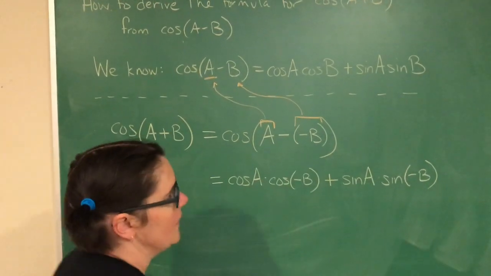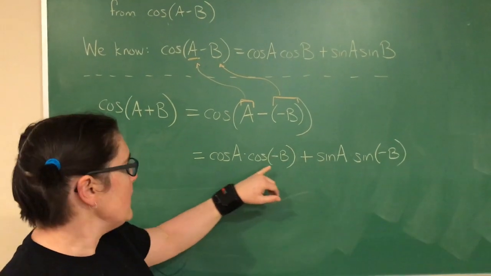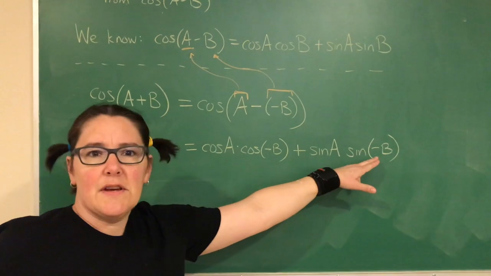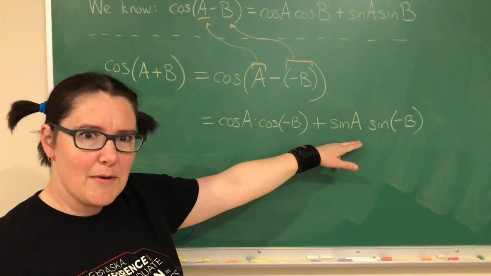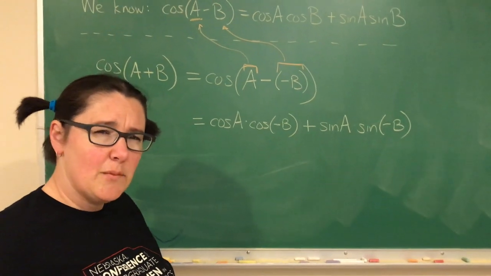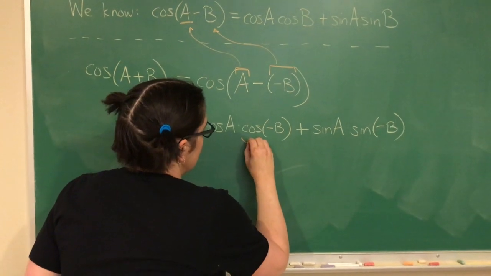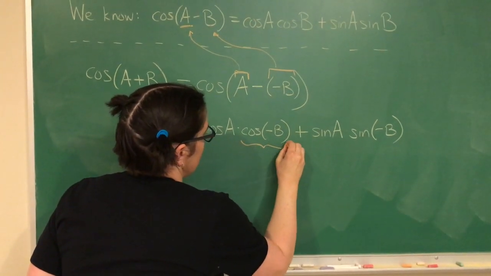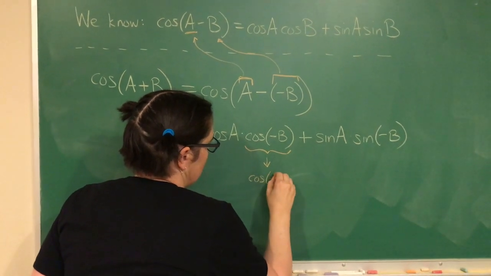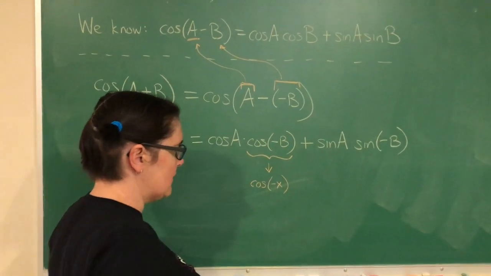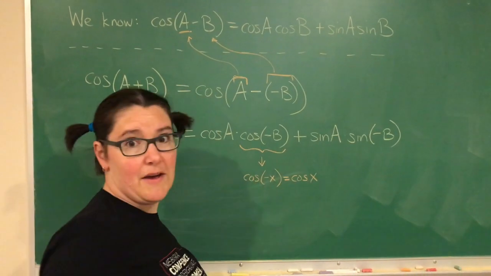Okay. All right, now this new expression that I have here, what you might notice is we have some negatives attached to our angles, and we have a couple of identities that talk about what to do with negatives. We have those even and odd identities. So the even and odd identity for cosine, well, cosine is our even function, and so the even identity for cosine says that cosine of negative x is equal to cosine of x.